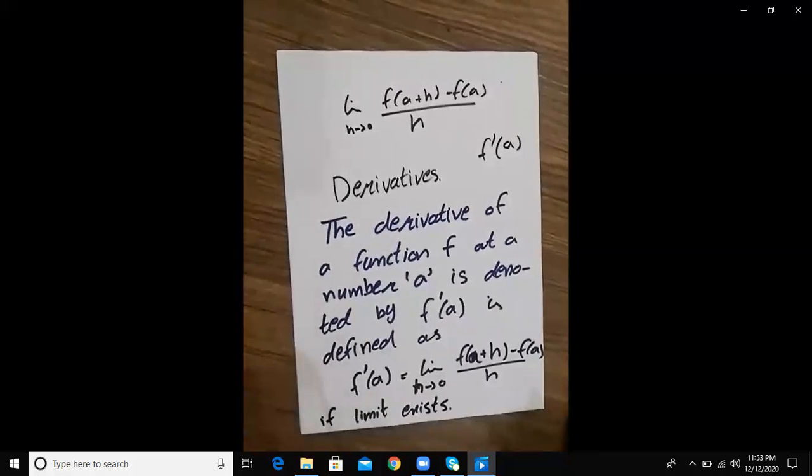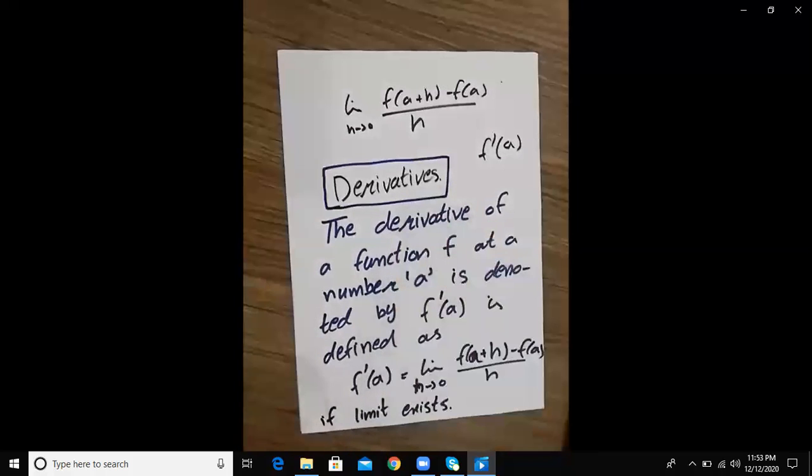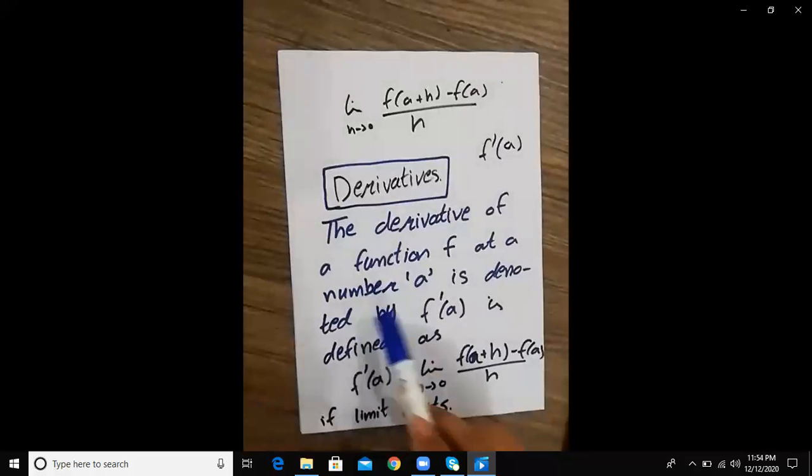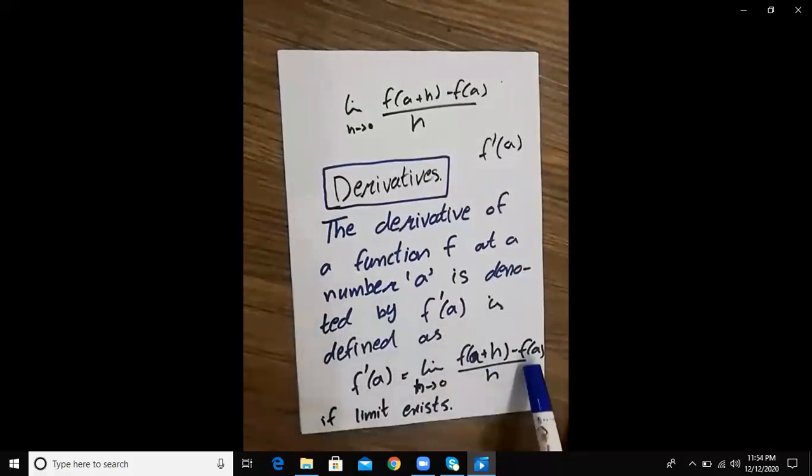If the limit exists, remember, if the limit exists, then the derivative exists. So the derivative of a function f at a number a is denoted by f prime of a, and it is defined as f prime of a equals limit h approaches 0, f of a plus h minus f of a over h, provided that the limit exists.